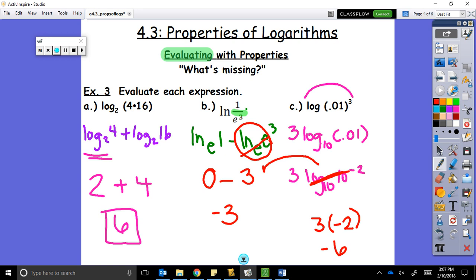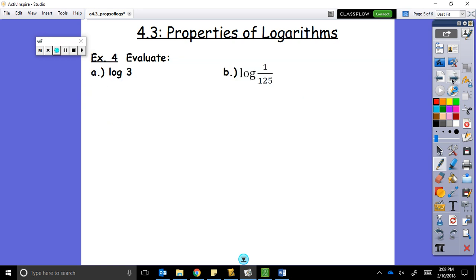Okay. So we've got to remember some properties of logs there, that the log base anything of 1 is 0, and then we have a log base 10 of 10 or a log base 3 of 3 or a natural log of e. Those are going to cancel each other out.